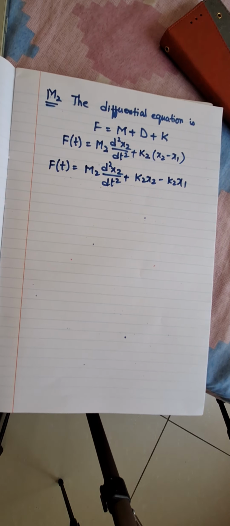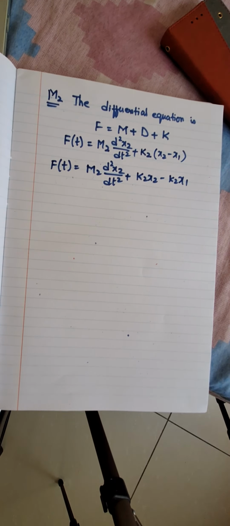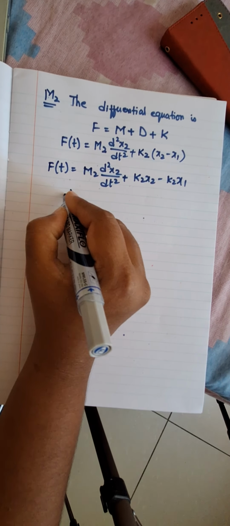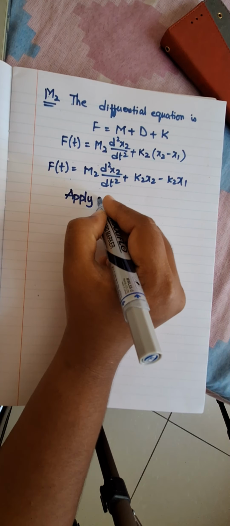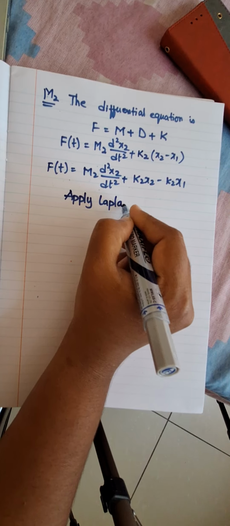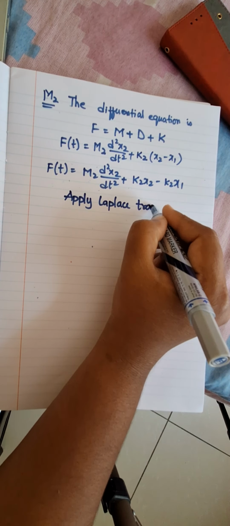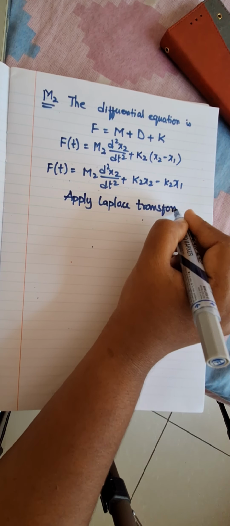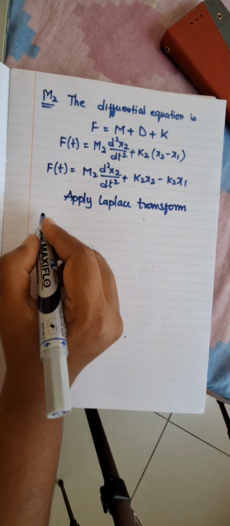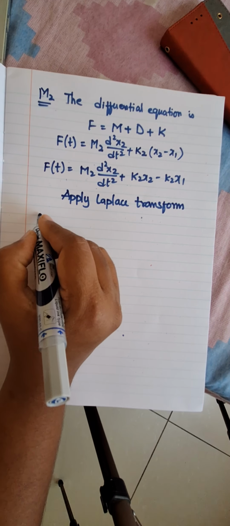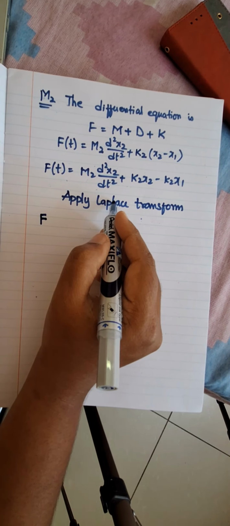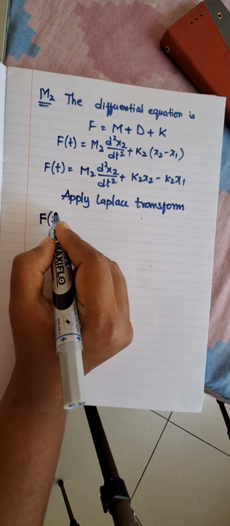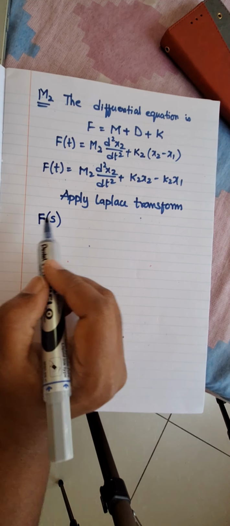Now let me apply Laplace transform. Same like the previous equation, apply Laplace transform. According to Laplace transform, f is a variable, so f will be f only, but we are applying transformation, so time will become s. That's what you learned in Laplace transformations.